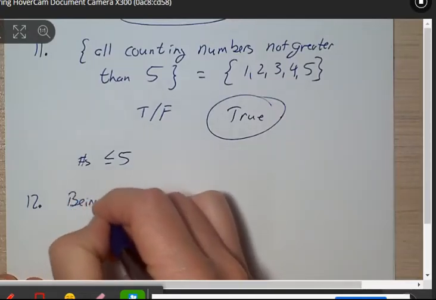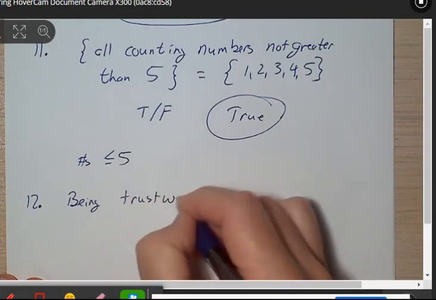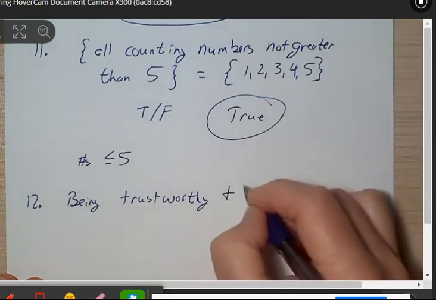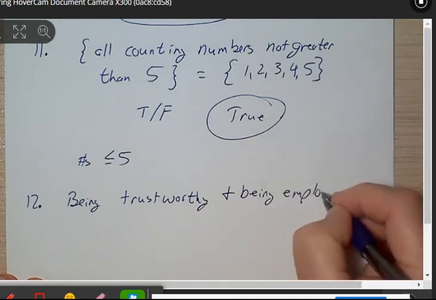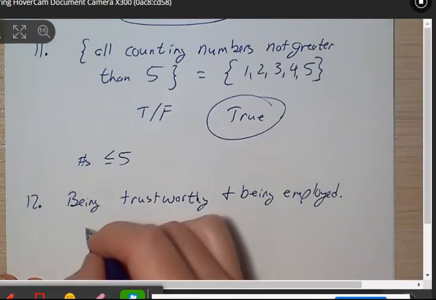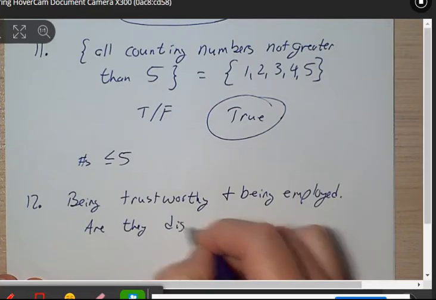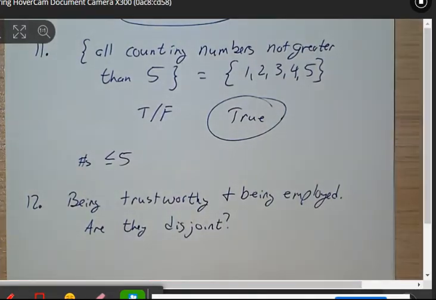Okay, and for 12, this is where they go back and give you just one, to me, easy little problem. Being trustworthy and being employed. They ask you, is this disjoint? And just remember that disjoint means that there's no overlap.